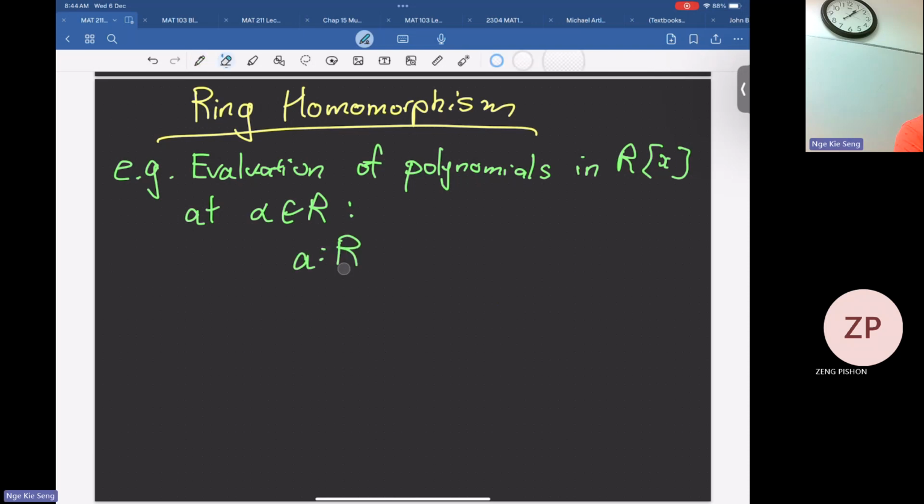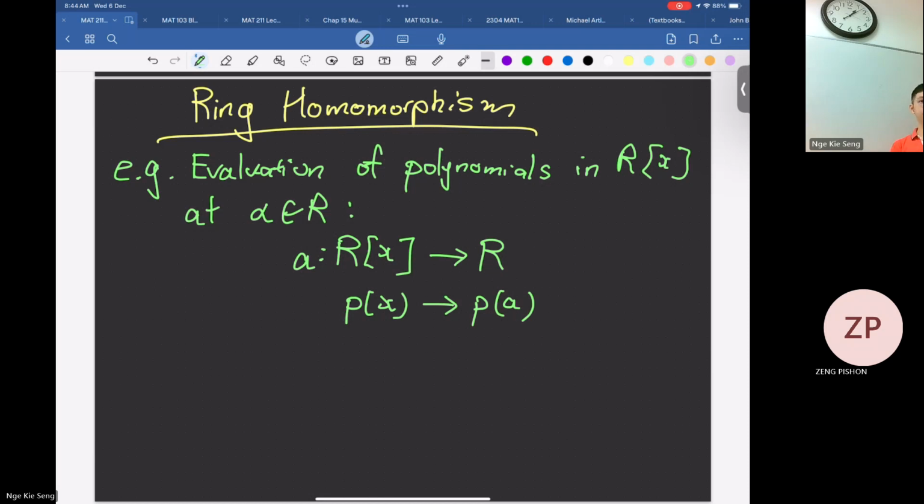I give you a polynomial, and you can give me some number alpha. I take the polynomial and just evaluate x at alpha. So this is one very important example. You should show that this is really a homomorphism.